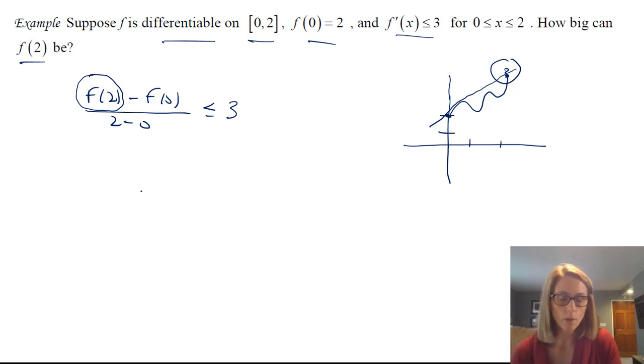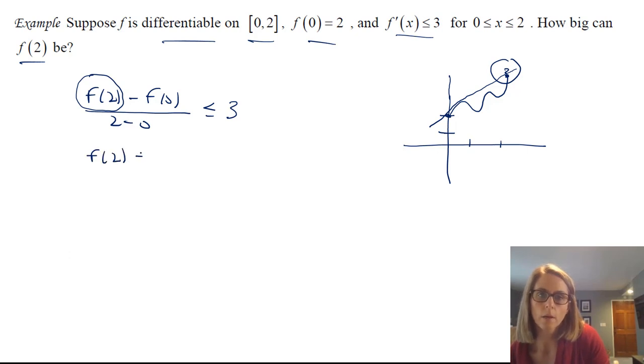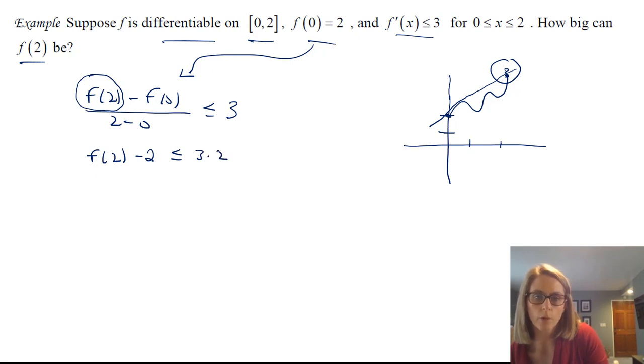Notice we have basically an equation here, and we just want to solve this for f of 2. So you're welcome to think about that. We know f of 0. F of 0 is 2. And then in our denominator, we have 2 minus 0, so I can multiply that, bring that over here.